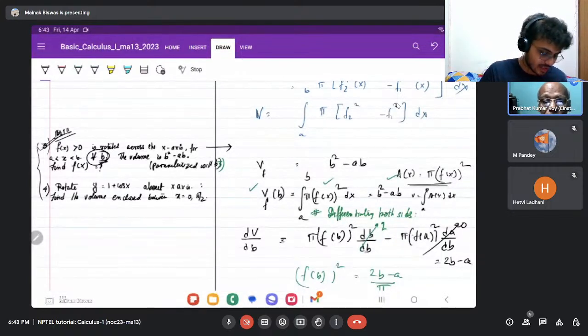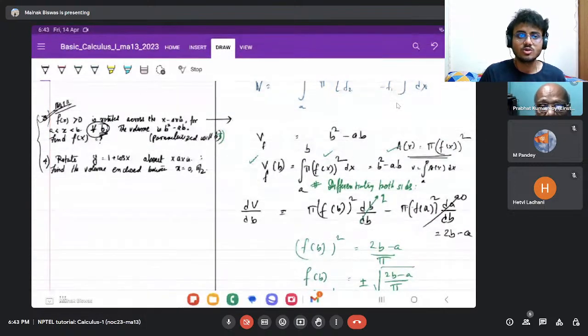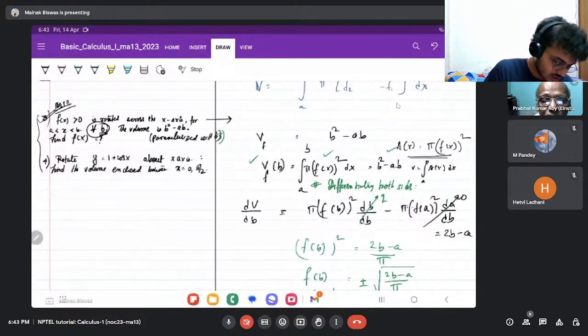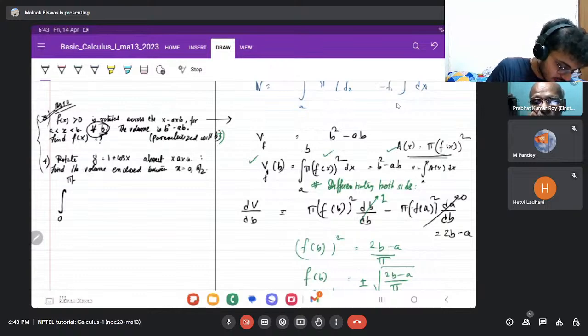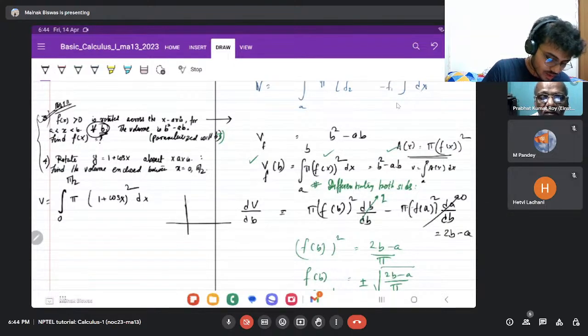Yeah. So now the next question is rotating 1 plus cos x about the x-axis. So this is also a very simple question, just a warm up. Again, the integral from 0 to pi by 2 of pi into (1 plus cos x) squared dx is your volume. You agree? So let us visualize this. What will it look like? So 1 plus cos x will go from 2 to 1.